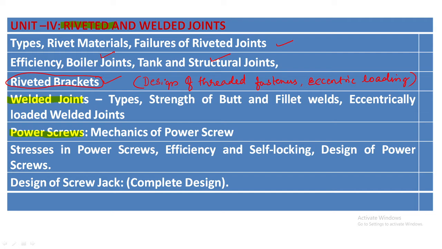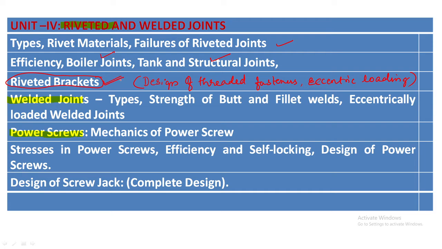It is the same procedure. In the design of threaded fasteners, you need to find the core diameter, but in this case, you need to find the diameter of the rivet. The procedure is the same for the design of riveted brackets.